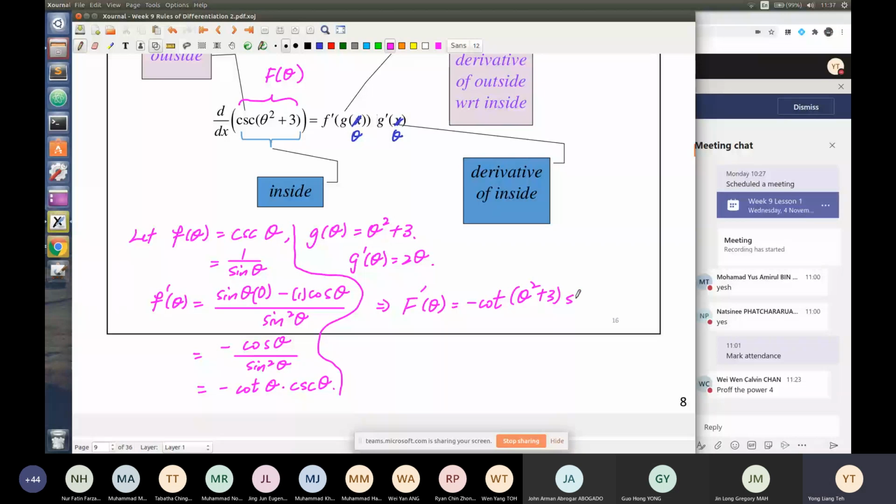Then cosecant of theta squared plus 3, multiplied by your 2 theta, your g prime. Questions? So this is your answer.